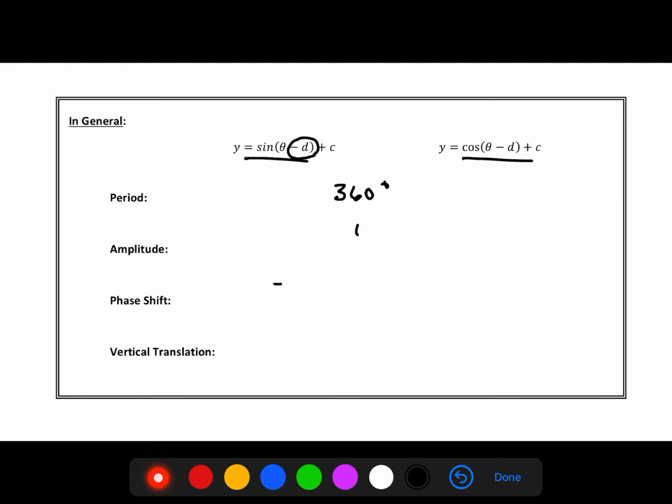If we have minus d, we know that we're going right. If we have plus d, we've subbed in a negative value and we're going to go left. Our vertical translation, or our c value: plus c moves it up, minus c moves it down. So you can start with your base graph and move those appropriately.